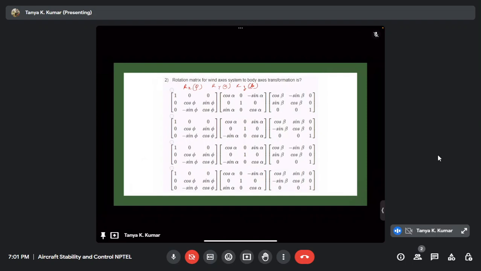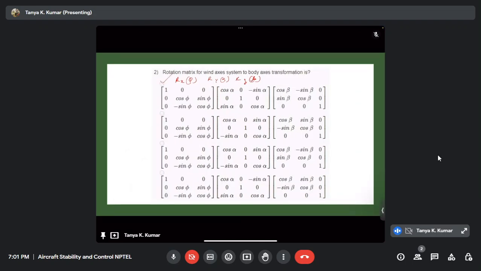It's the first option, right? The primary rotation matrix about the y-axis is cos 0 minus sine, 0 1 0, sine 0 cos. The primary rotation about the z-axis is cos minus sine 0, sine cos 0, 0 0 1, which is the first option. You must remember the primary rotation matrices about each axis, okay? They will be greatly helpful.